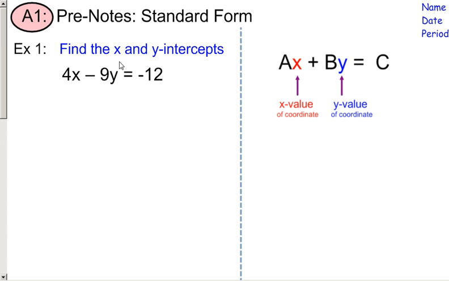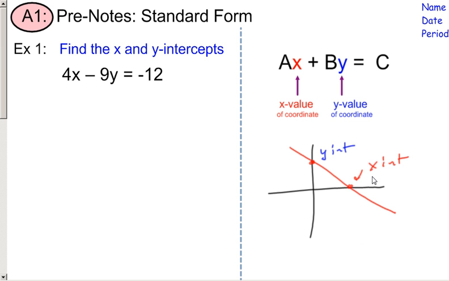Now, if we think of what an x and y intercept are on a graph, we know if there's a line, wherever the line touches the y-axis is called the y-intercept, and wherever it touches the x-axis is called the x-intercept. Now, to find that point, we know that it'll be whatever this number is.